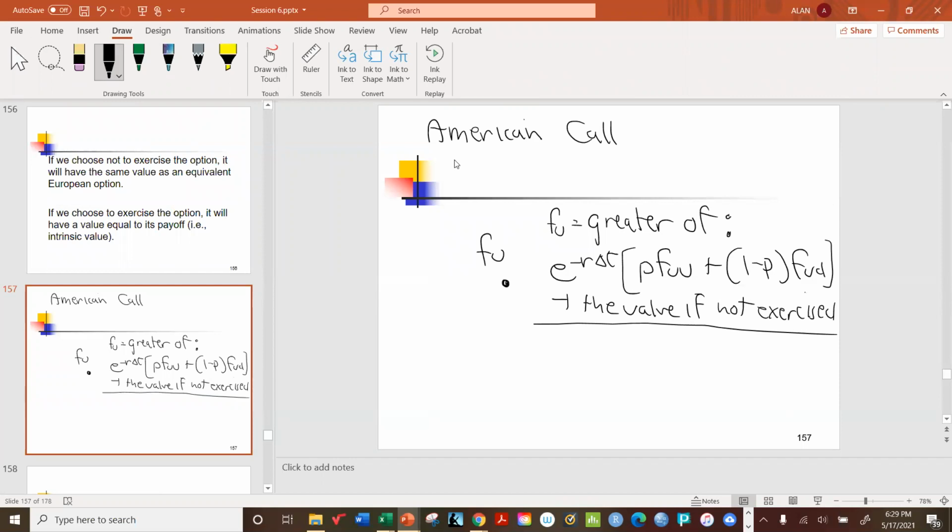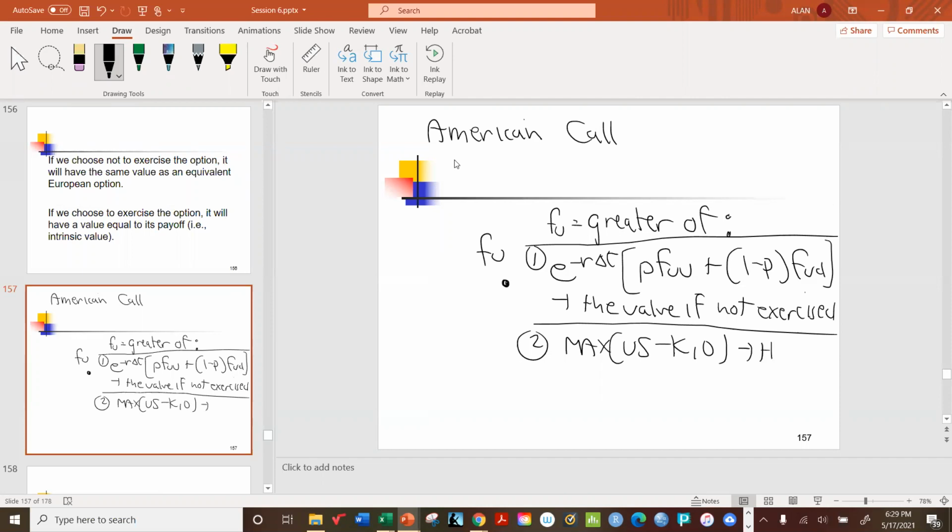On the other hand, if it's exercised, it'll be the max of SU minus K and 0, which is the value if exercised.